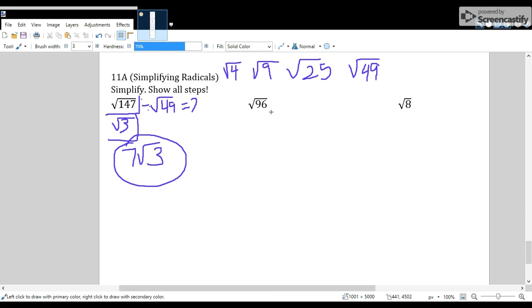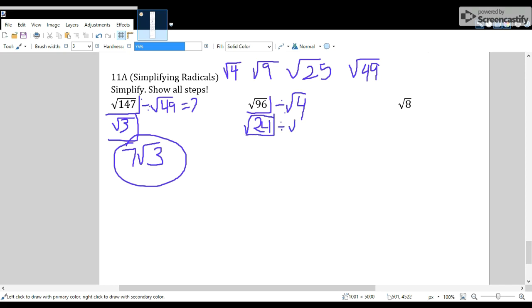To simplify the square root of 96, let's first see if 96 is divisible by 4. So 96 divided by 4 equals 24, so yes, it goes into it. Now let's see if 4 could go into 24.